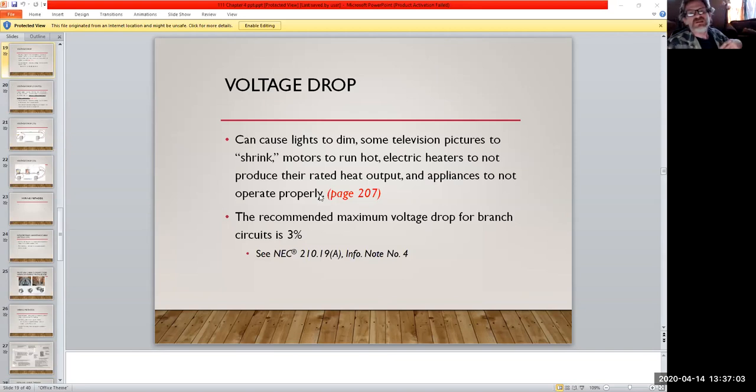You're not losing power immediately, but over a certain amount of time, if you do have an extremely long run, you can expect there to be a certain amount. So if you needed the 110 down at the end, but it's such a length that you fell under it and you're delivering like 105, that's not going to work.